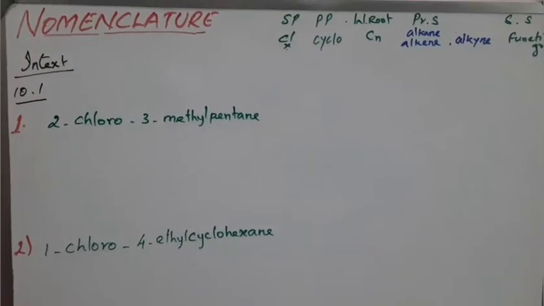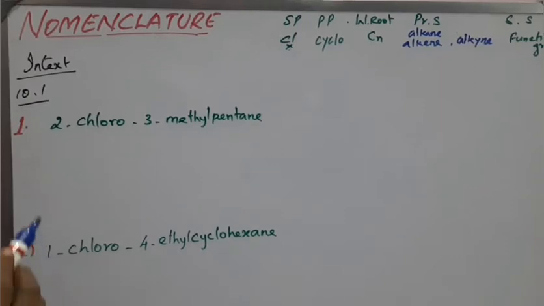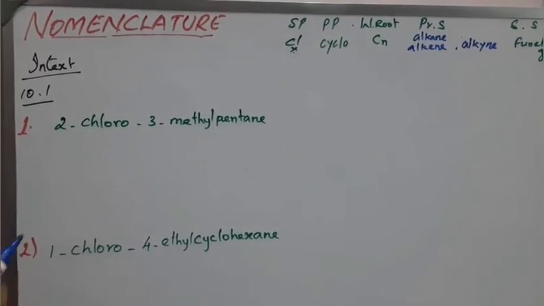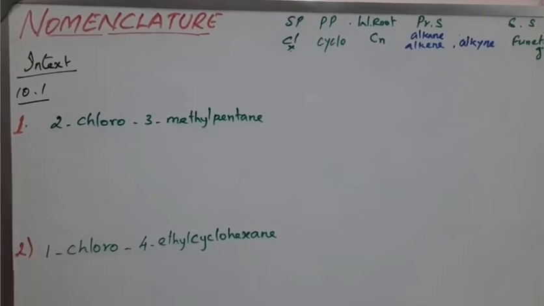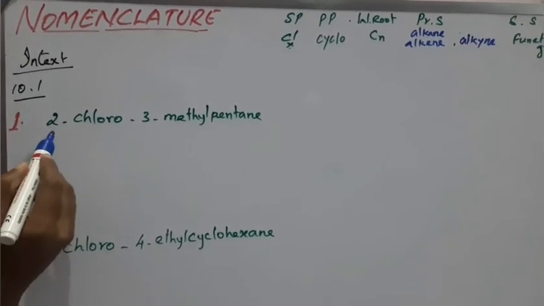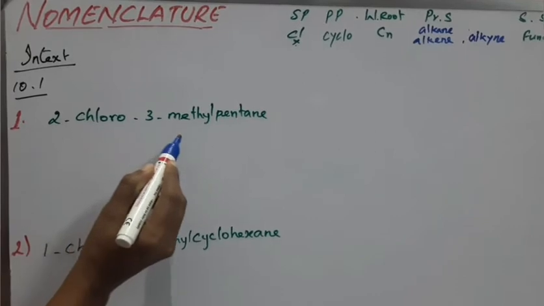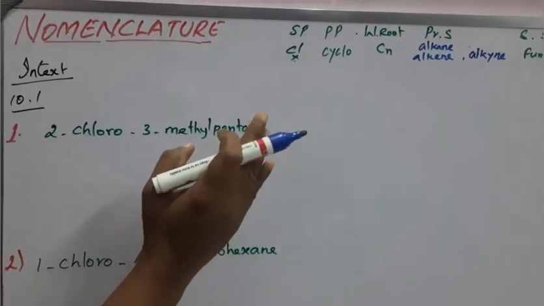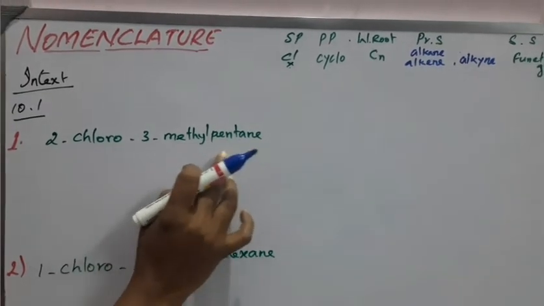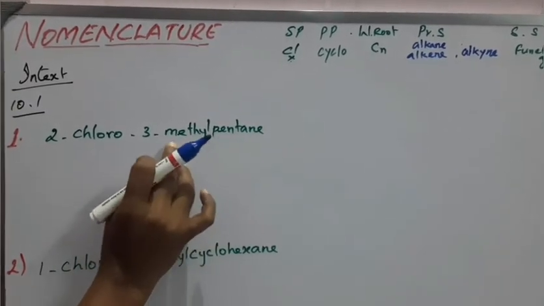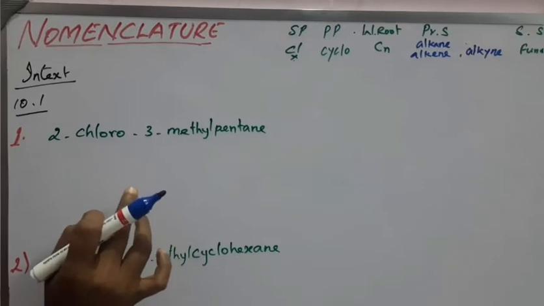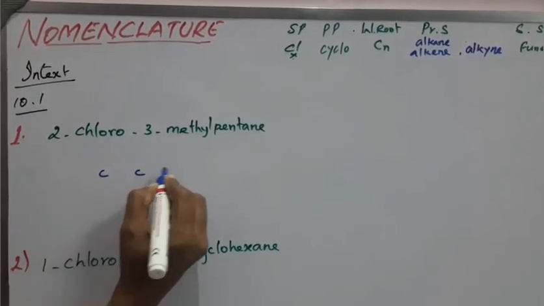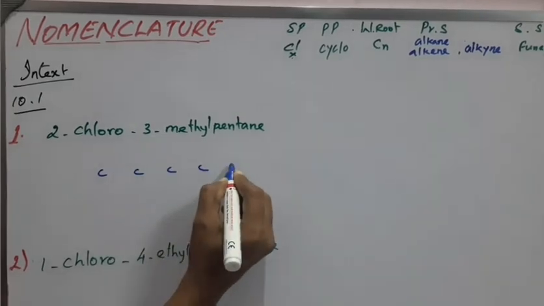In the text, in-text question 10.1, the names are given and you are asked to draw the structure for the given organic name. The first one is 2-chloro-3-methylpentane. The same systematic rule: find the root word. 3-methylpentane means 5 carbon atoms: 1, 2, 3, 4, 5.